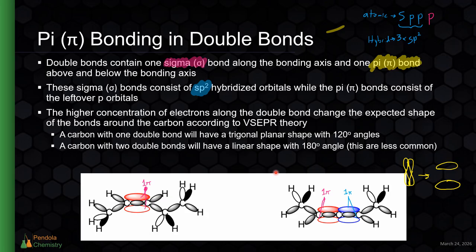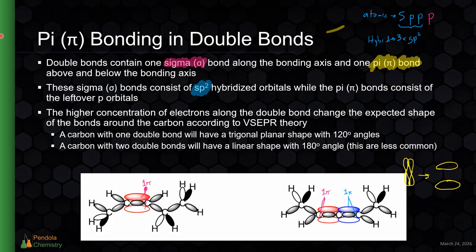So what happens here? A carbon with one double bond, meaning one pi bond, gets straightened out a bit. And so these carbons are all trigonal planar, whereas the carbon with two double bonds, like the center one here, is going to be linear in shape. These are a lot less common because electrons don't like being that close to each other, but they do happen from time to time.